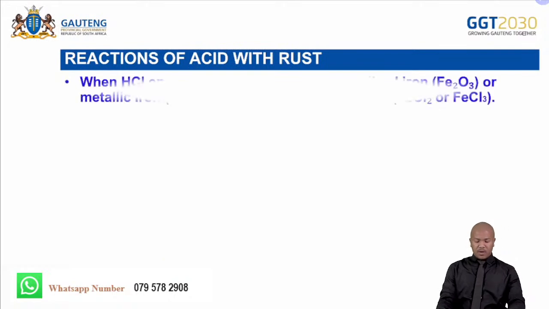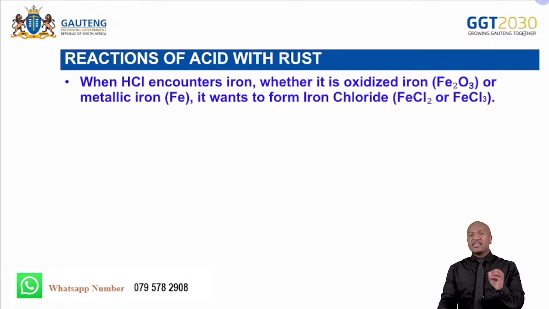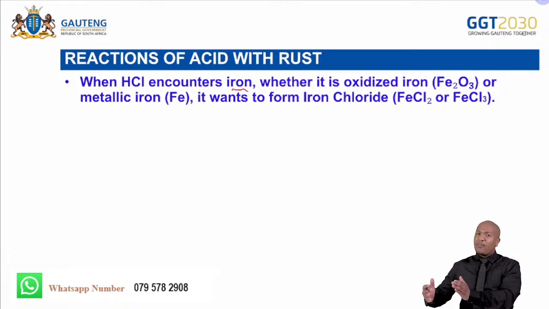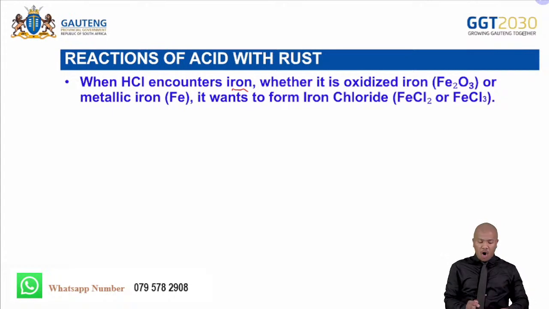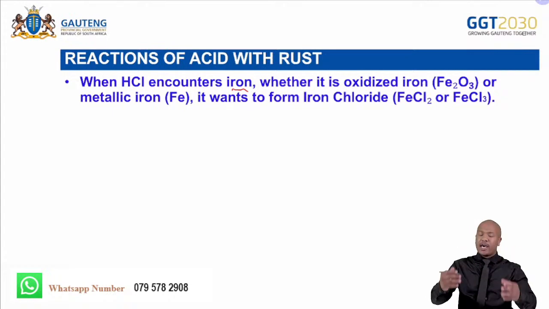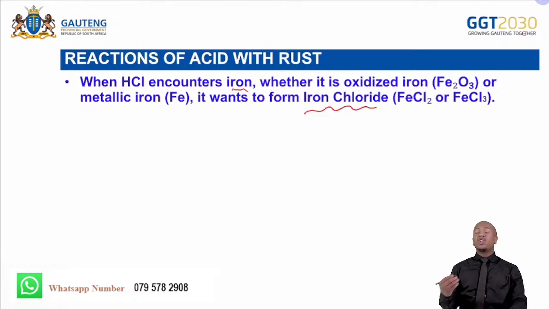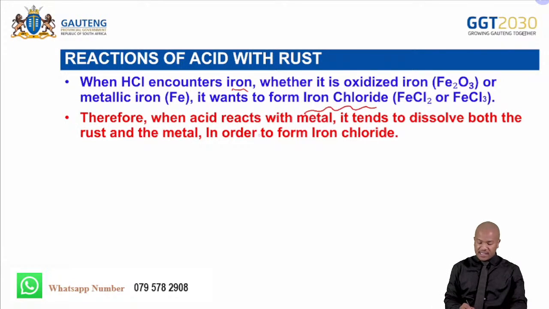When hydrochloric acid reacts with iron, whether it is oxidized iron, meaning rust, or metallic iron, or just any iron, it wants to form the product iron chloride. Are we together? So when an acid reacts with metal, it tends to dissolve both the rust and the metal in order to form the iron chloride.